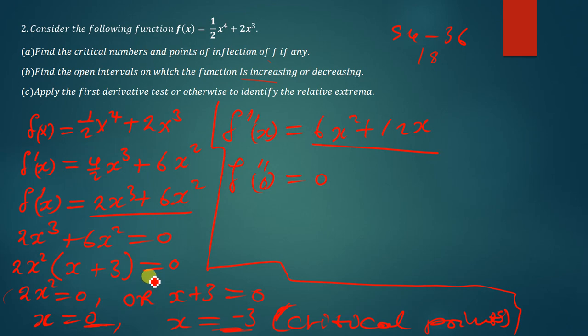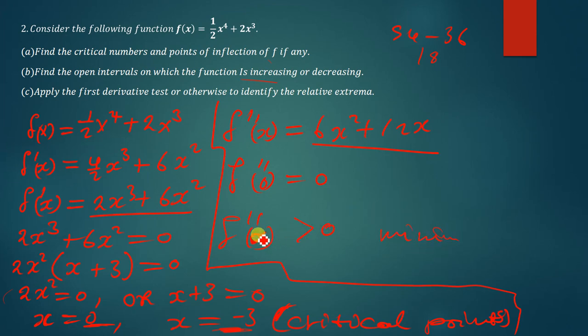The reason why I'm saying when the second derivative is giving you 0, then it's a point of inflection, is because we know that if the second derivative at any given point of a function is greater than 0, then that function has a minimum value.